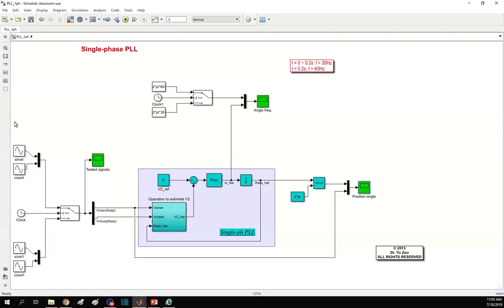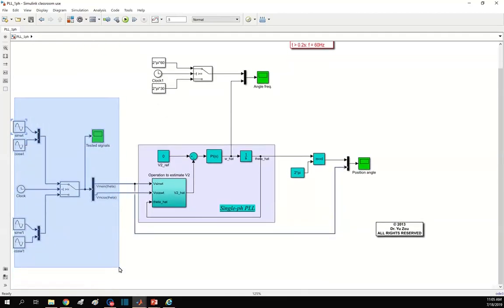Okay, let's talk about the input section. This is the input part of the system. We clearly see two inputs. One is the tested signal, Vm sine theta, whose position angle and angular frequency are going to be estimated here, and the other is the orthogonal signal of this tested signal, Vm cosine theta. So these are the two inputs.